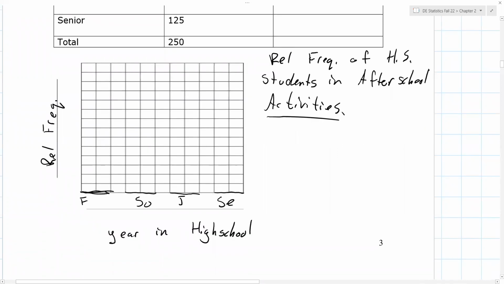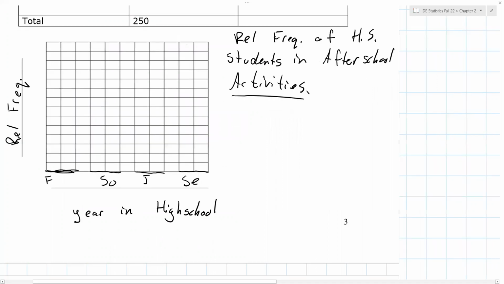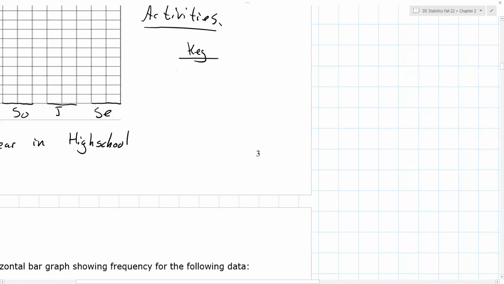Now, because I don't know what F and SO and J and SE are, I'm going to make a key.